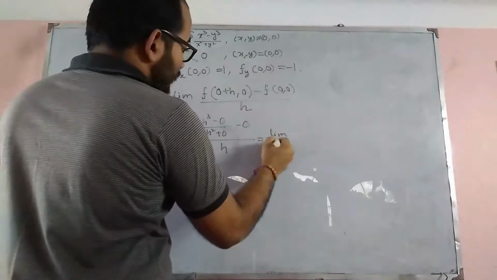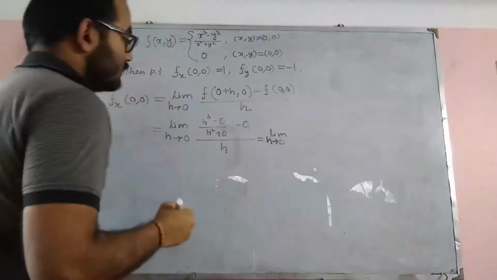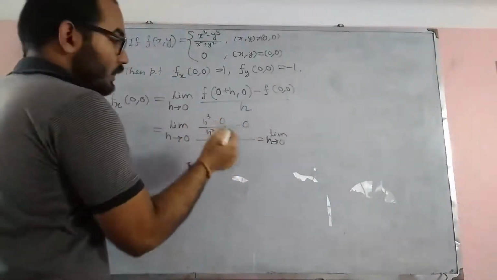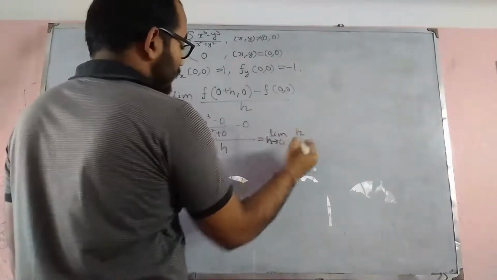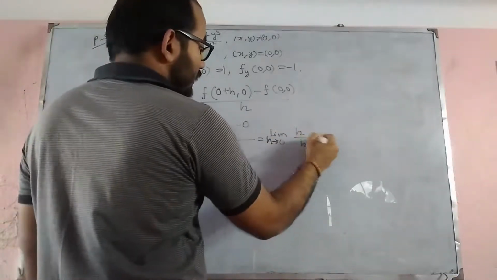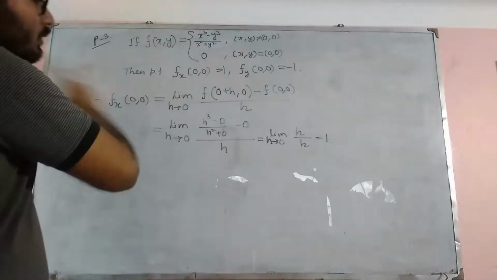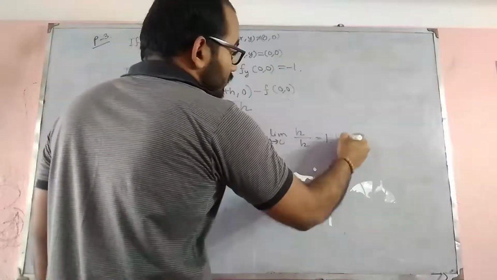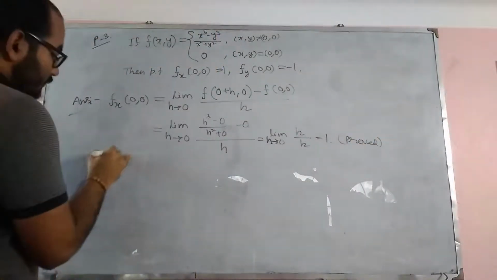Limit h tends to 0, here only h by h, and this is 1. So the value of fx of 0 comma 0 is equal to 1. Proved.